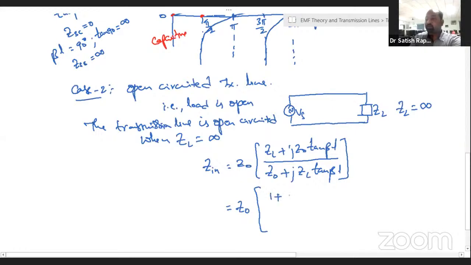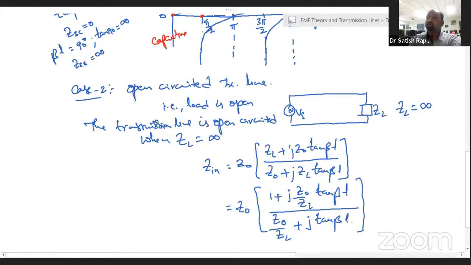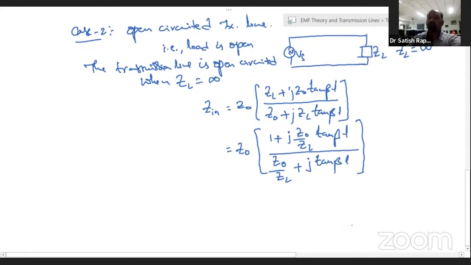I will get (1 plus j Z0 by ZL tan beta L) divided by (Z0 by ZL plus j tan beta L).